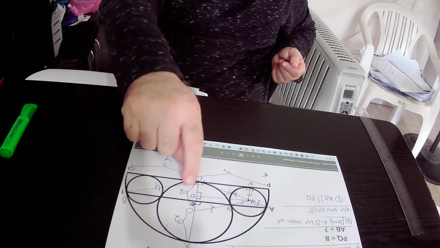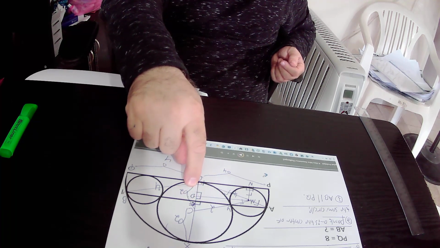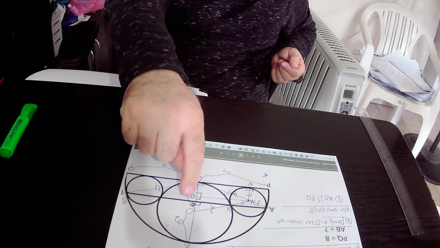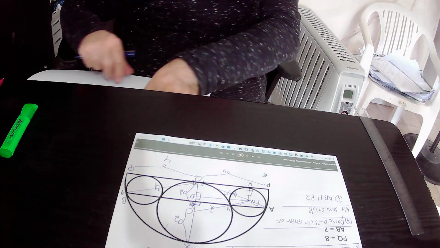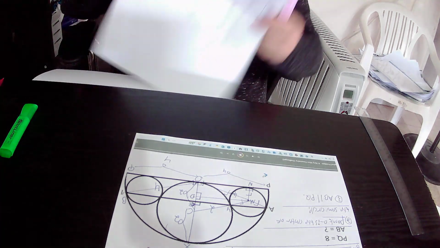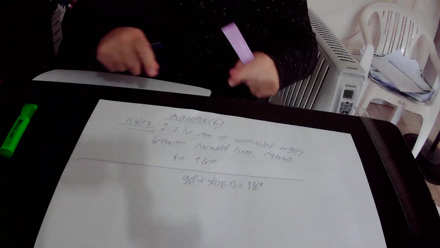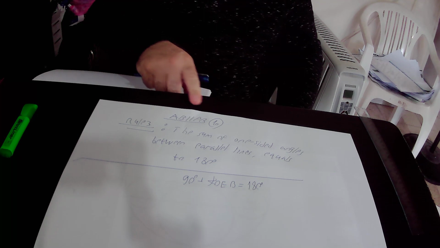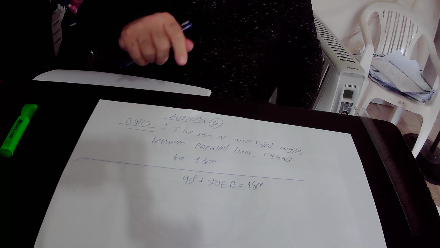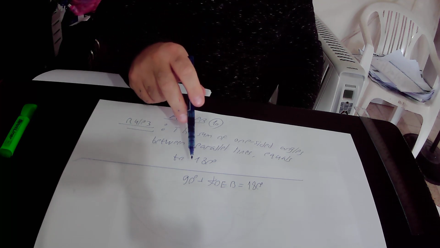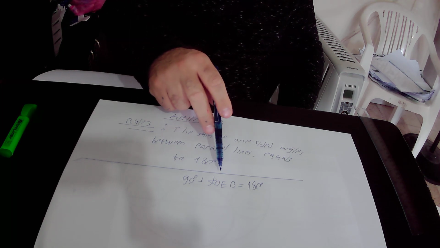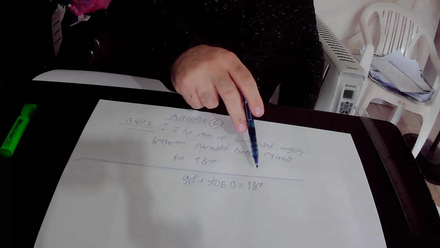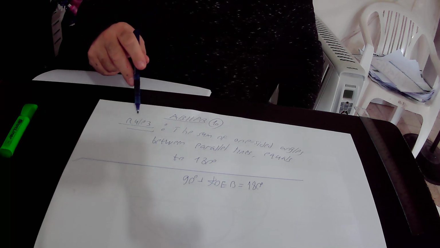That is to say, 90 degrees plus the size of angle OEB must be equal to 180 degrees.